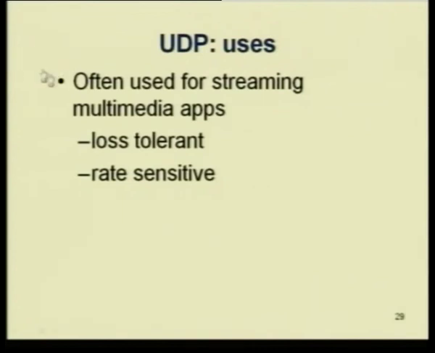In cases where I do not want the delay of a connection establishment, I do not want to maintain information about the state of the connection, and I want to make the entire process very simple without worrying about congestion control, then I go in for UDP. Other uses of UDP are for applications which are typically streaming multimedia applications.